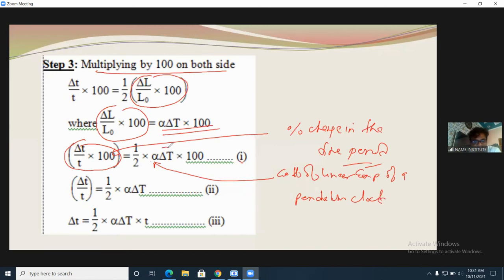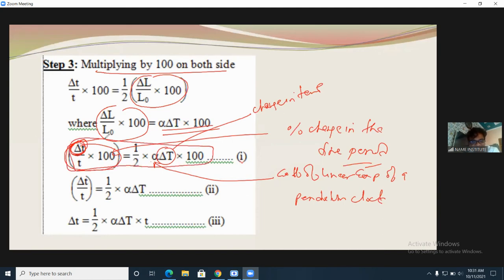And what is this delta T? It is the change in temperature. Don't get confused between this delta T and this delta t here. This delta capital T is the change in temperature, and this delta small t is the change in time period. So this is nothing but the percentage change in time period.